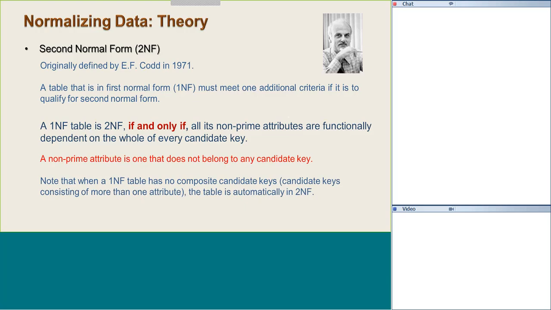Note that when a first normal form table has no composite candidate keys, i.e., candidate keys consisting of more than one attribute, the table is automatically second normal form, because first normal form has provided uniqueness for the non-prime attributes.